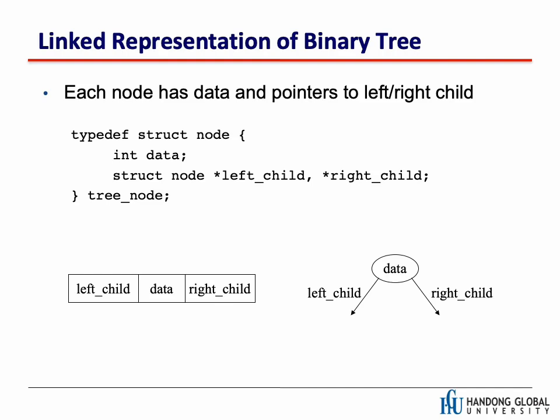Likewise, in the previous slide, we talked about the binary tree with an array, and that is not great. Now we will talk about linked representation of binary tree, as we have done a couple of times with other data structures. Now each node has data and 2 pointers, to the left and right child.